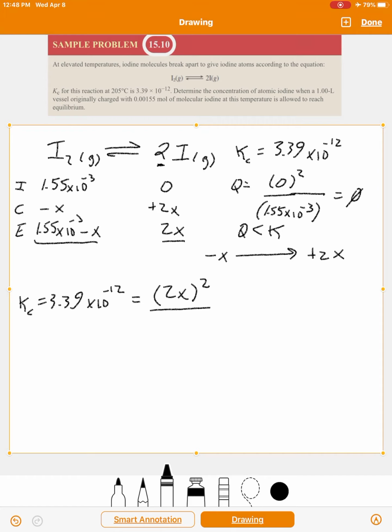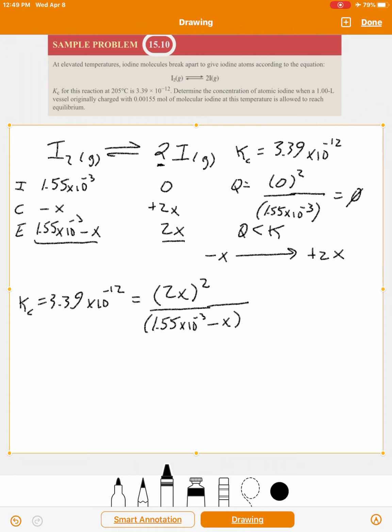And that would be divided by 1.55 times 10 to the minus 3 minus x. Okay? Again, we cannot take the square root of both sides because in the denominator, it's not a squared term.